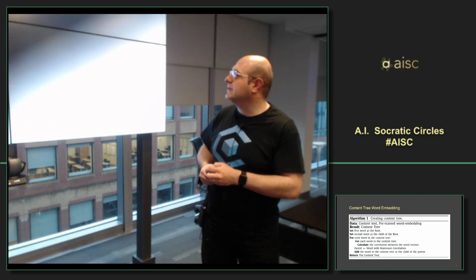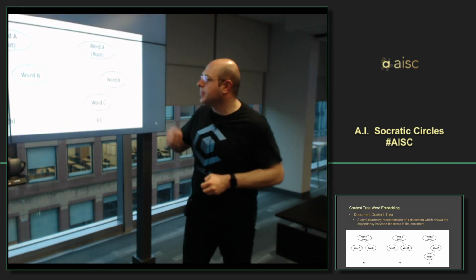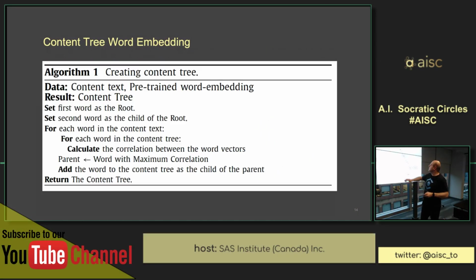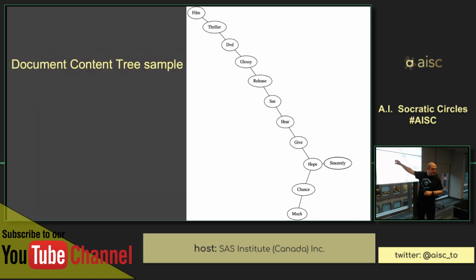Here, assume that I have a new word that wants to join this tree. It will compare the correlation between the vector of the new word with all of the words in the tree, find out which one is more correlated, and then join to that. There is no threshold.